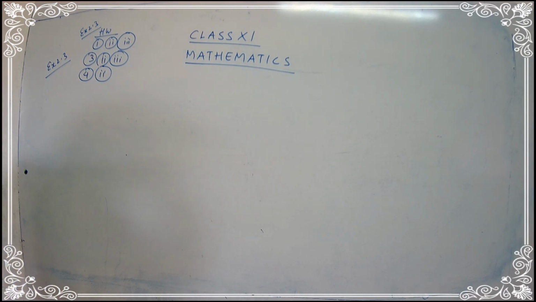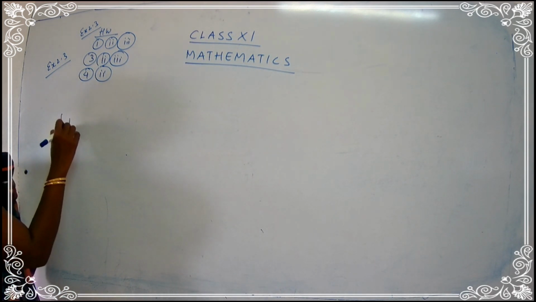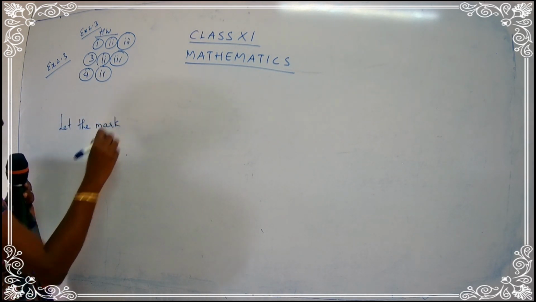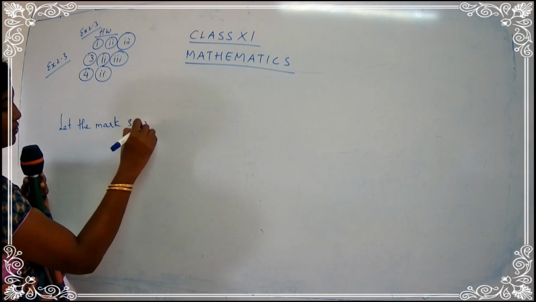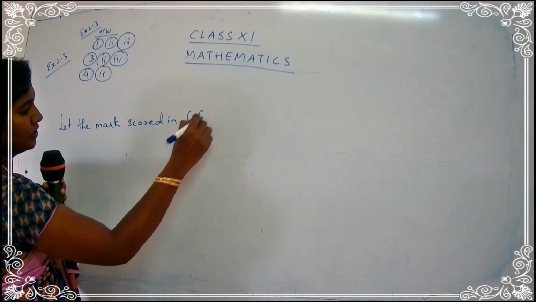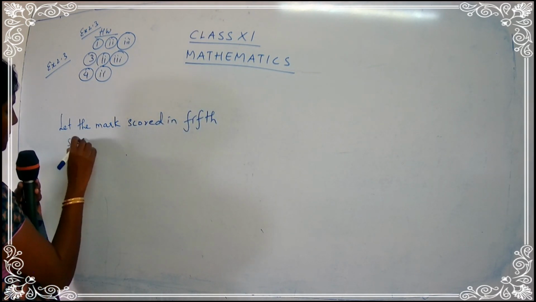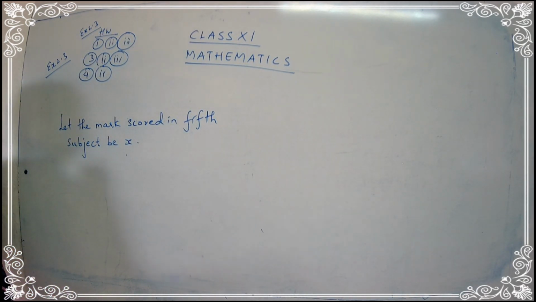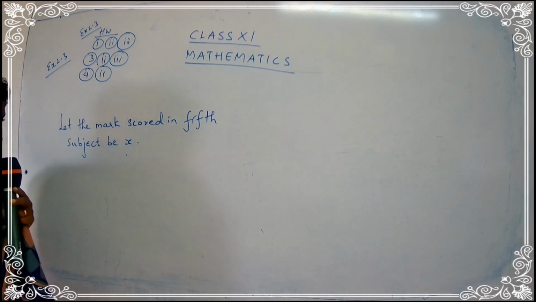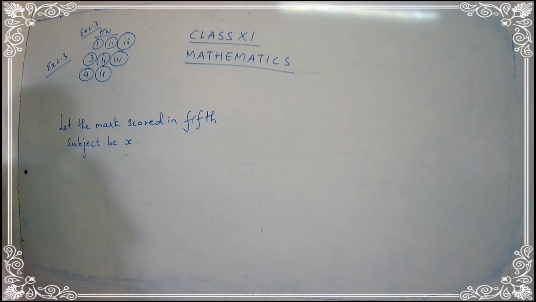Write down: let the mark scored in the 5th subject be X. We don't know what mark he is going to score in the 5th subject, because we are given the details of the first 4 subjects only. So take it as X.